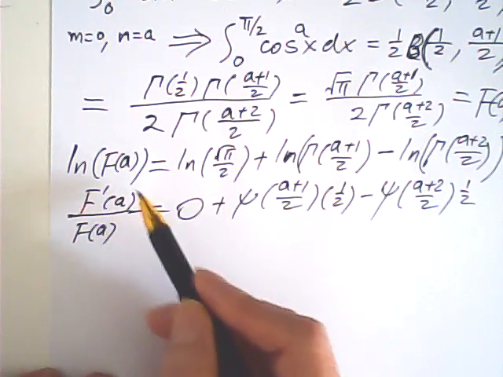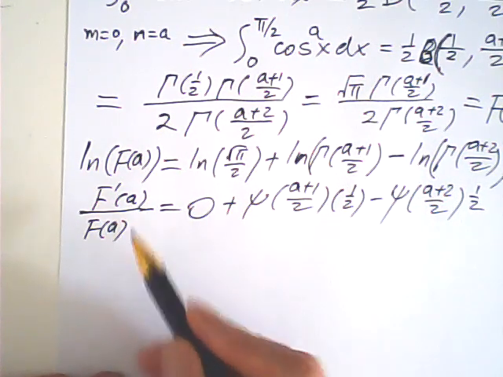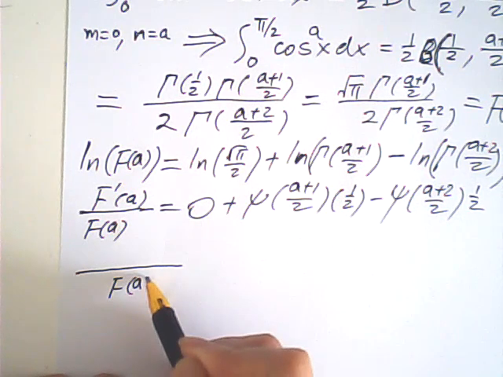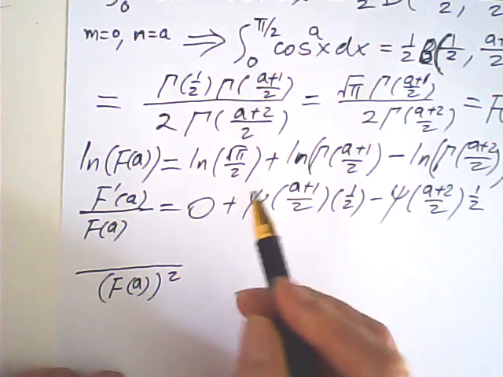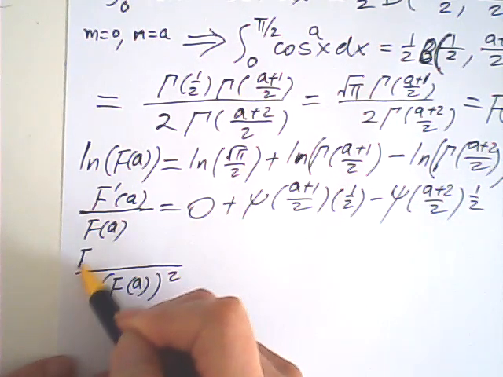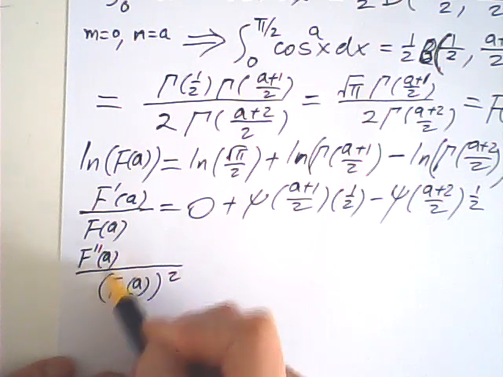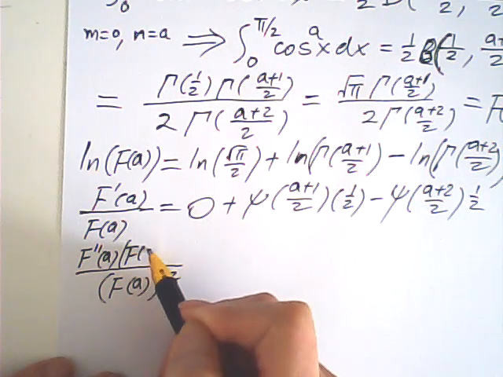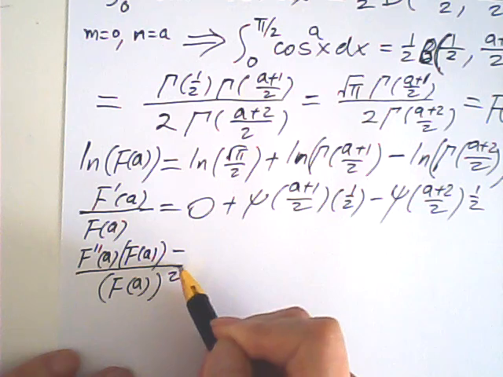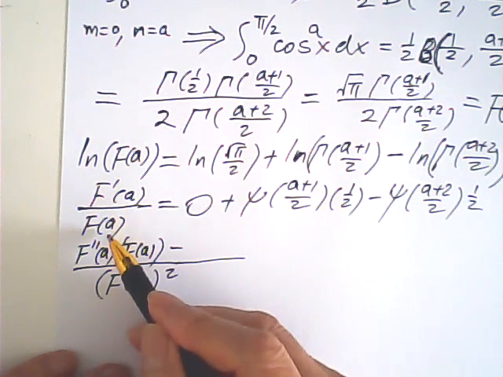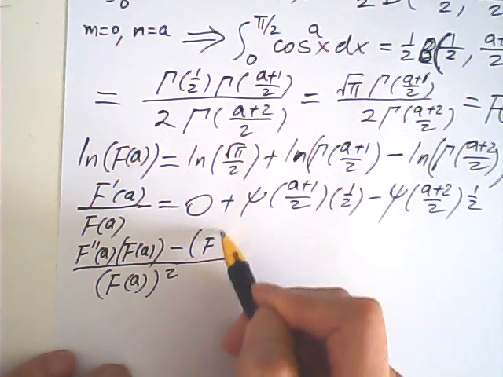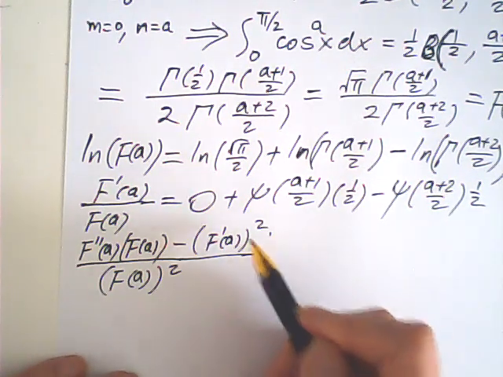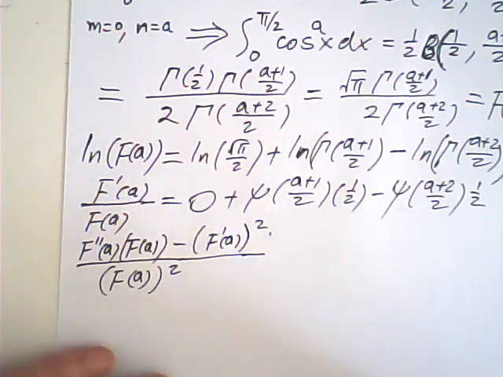So for this one, the derivative with respect to a will be the quotient rule, right? f of a squared in the denominator, and this derivative, which will be f double prime of a times the denominator f of a, minus this one times this derivative, so it becomes f prime of a squared. This is the derivative of the left-hand side.